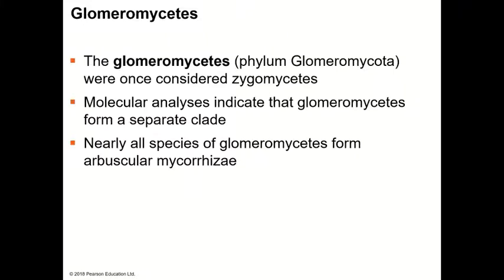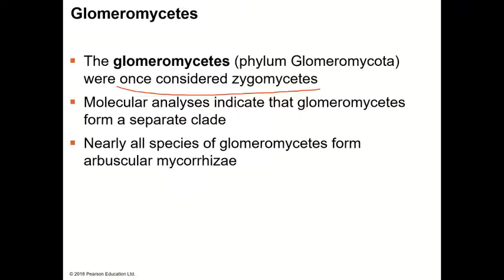Next, we have the not so common phylum of fungi, phylum Glomeromycota, or the Glomeromycetes. So it's stated here they were once considered part of the zygomycetes, but molecular analysis proved that they are separate from the zygomycetes. So nearly all species form arbuscular mycorrhizae.